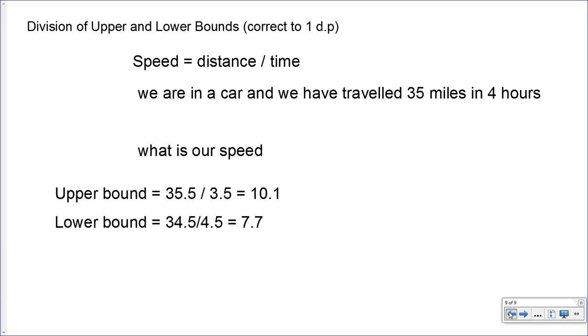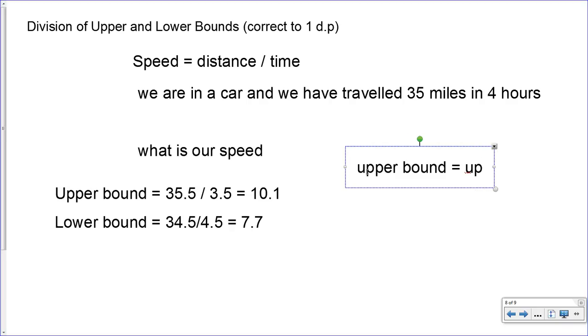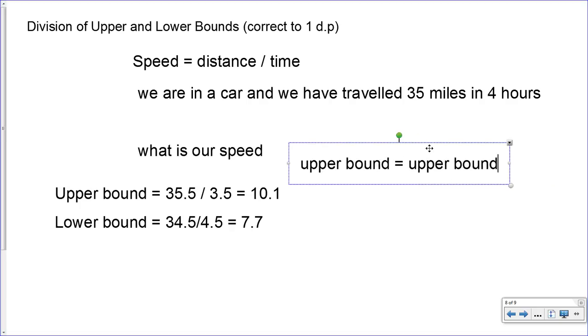So I think the most important learning point, and something that gets tested on quite a lot in GCSE questions, is this division. So just remember, if you want to find the upper bound, we divide the biggest number, so the upper bound, divided by the lower bound.